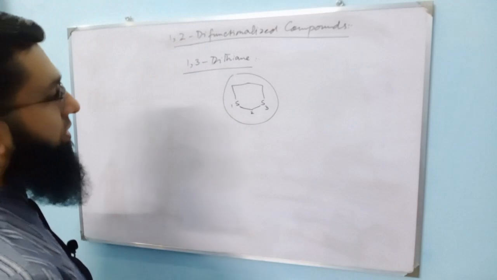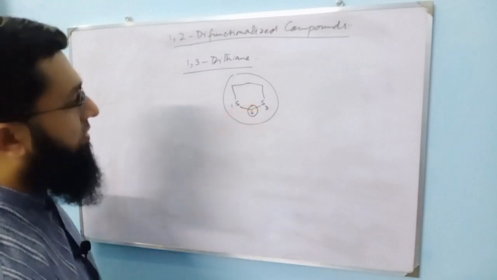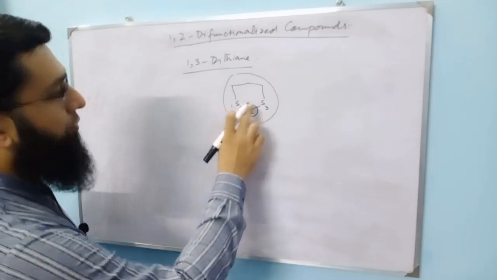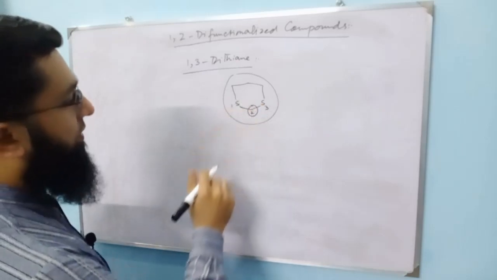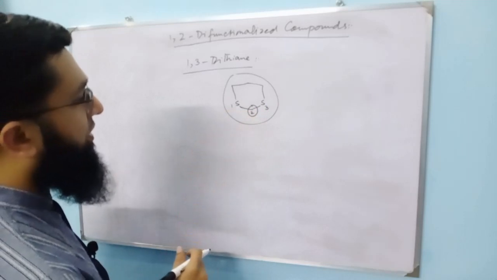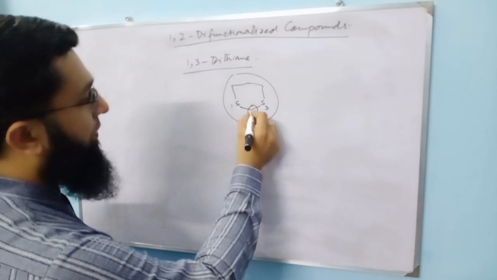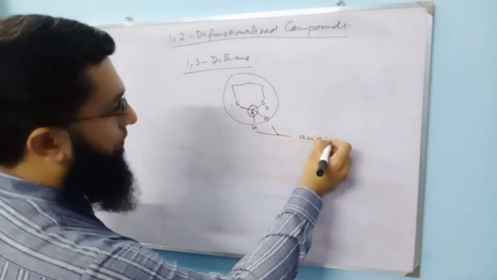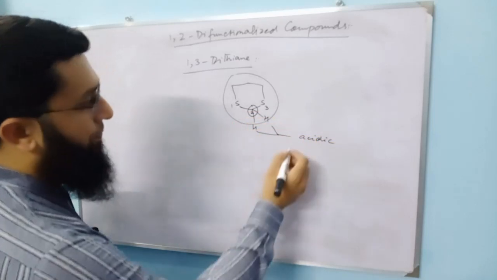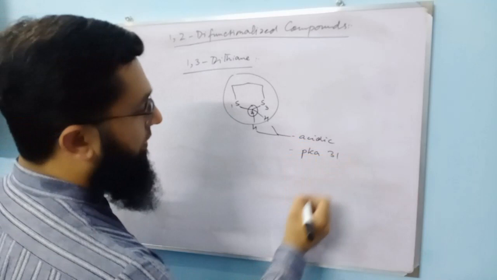And why are we concerned with this? Because this carbon has hydrogens, and due to the larger size of sulfur, it has a polarization effect, and as a result the hydrogens which are present here are acidic, and they have a pKa value of 31.